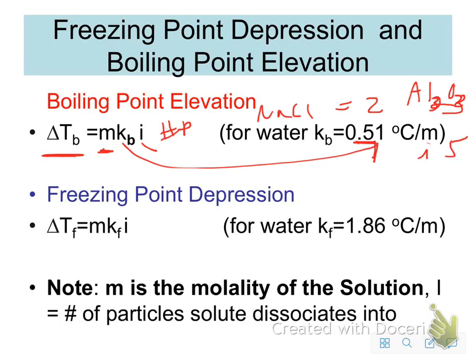Freezing point depression is basically the same temperature change, but my K value is a little bit different. So m is the molality, and i is the number of particles that the solute dissociates into. So this is the change in temperature at boiling and freezing.